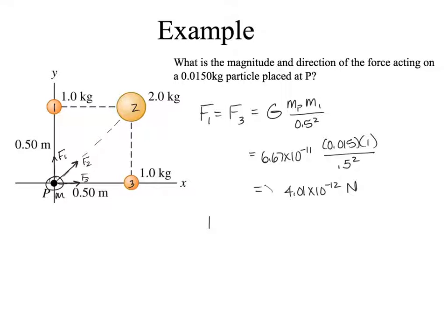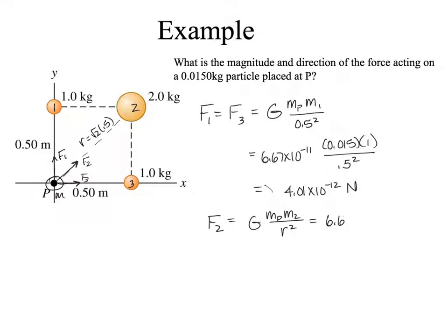And then we can find F2. F2 is going to be equal to G, the mass at P, times mass 2, over that distance squared. R is going to be the square root of 2 times 0.5. So we can figure what that is.